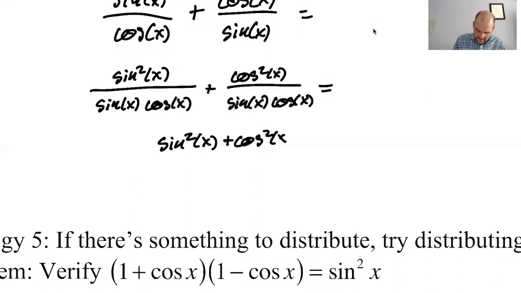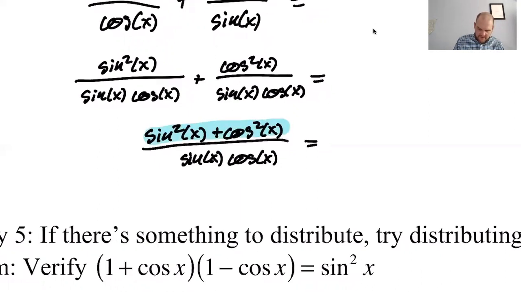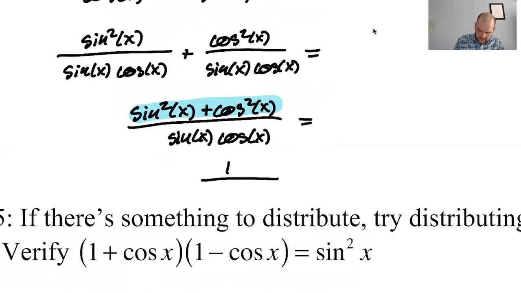Depends on your outlook. I think you should write plenty of steps. So sine squared plus cosine squared, that's the one. That's the most famous one. That's 1. So now we have 1 over sine x cosine x.